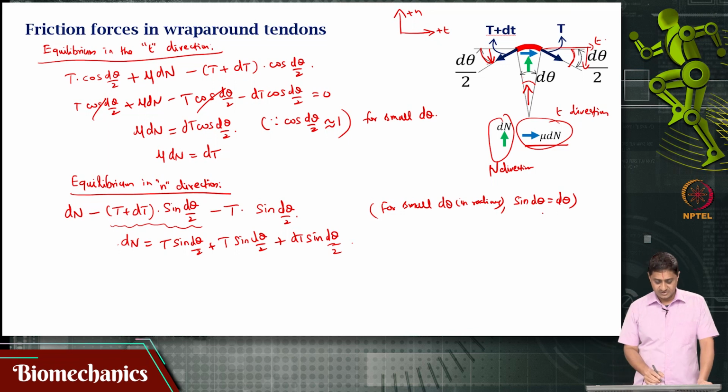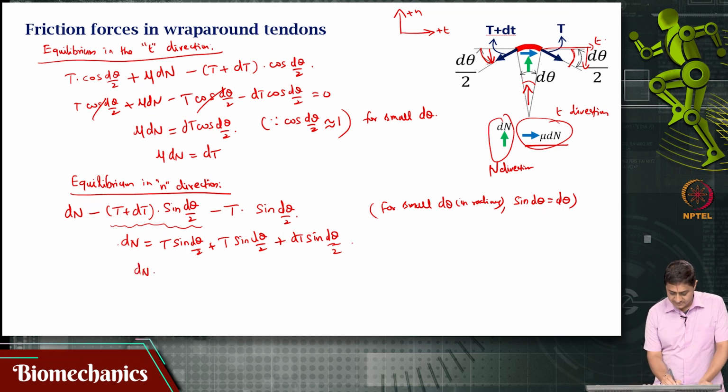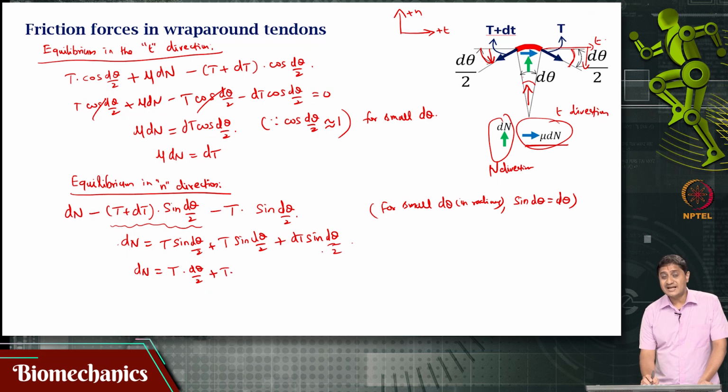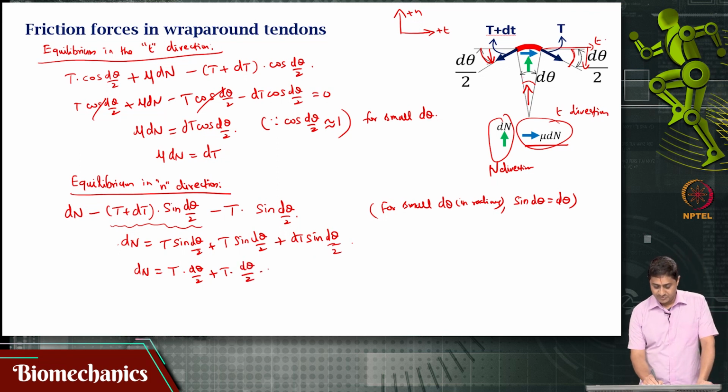So, I am going to use that here. dn is t times sin d theta by 2, let me write this again here, t times sin d theta by 2 would actually be d theta by 2, plus t times sin d theta by 2 would be actually d theta by 2, plus this would be almost 0.